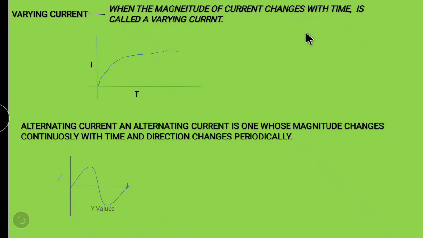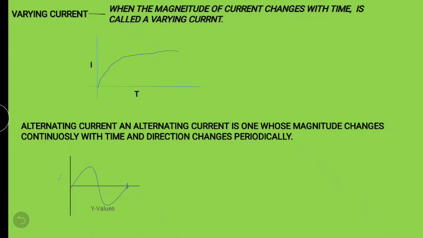Now a very important thing is alternating current. An alternating current is one whose magnitude changes continuously with time and whose direction changes periodically. Students, alternating current is a type of current that changes its direction after a regular interval of time, or after a fixed interval of time.